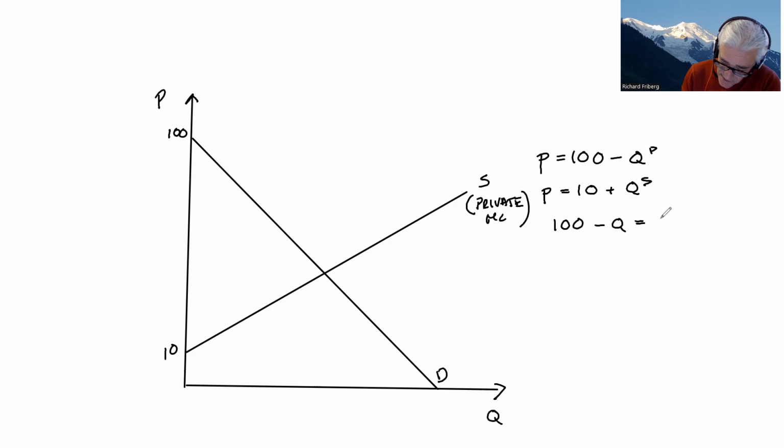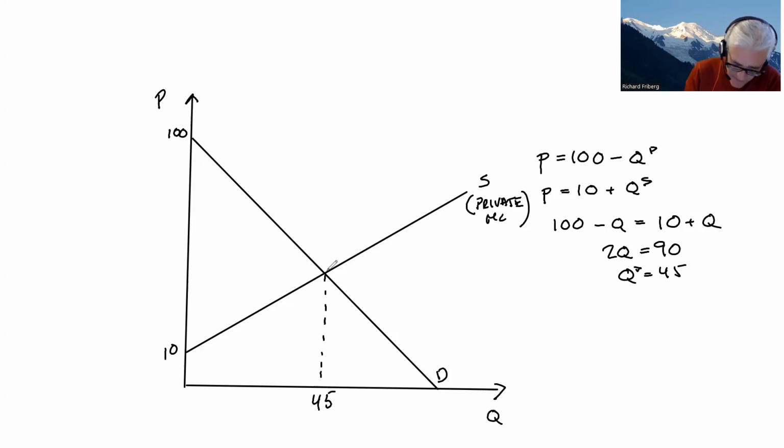We can see that the equilibrium quantity is going to be solving this equality, or reshuffling, 2Q equals 90, Q star equals 45, dividing by 2.